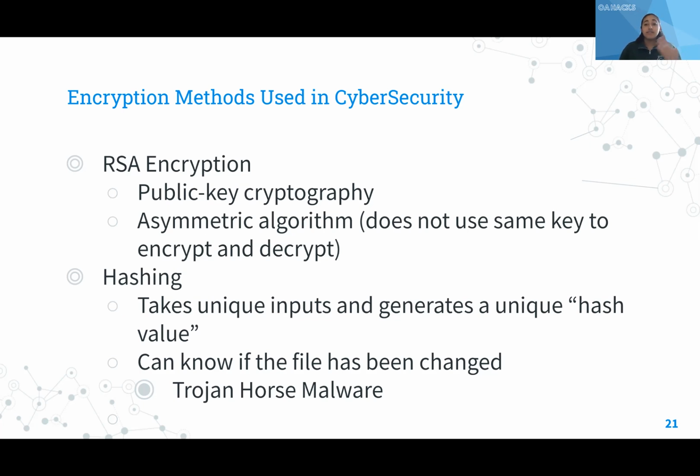If the file is changed from the inside, then the hash changes. So you can compare hashes in your logs and know whether your file has been manipulated or changed. That's used against Trojan horse malware, which is malware hiding as something good on your computer. So that's how we can use these cryptography methods in cybersecurity.